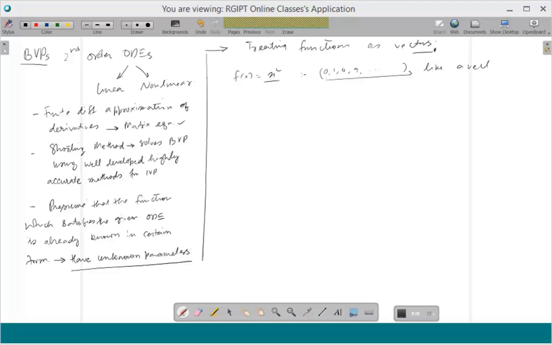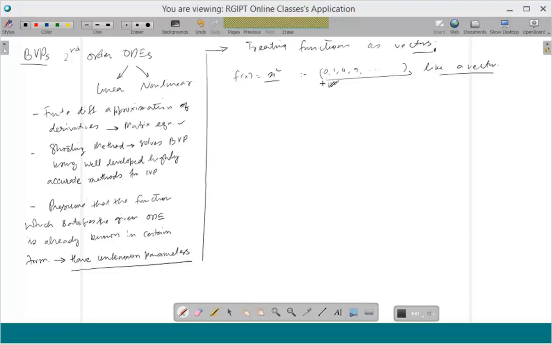That is the reason you can treat a function like a vector. The dimensionality of this vector is based on how many points you're looking at.